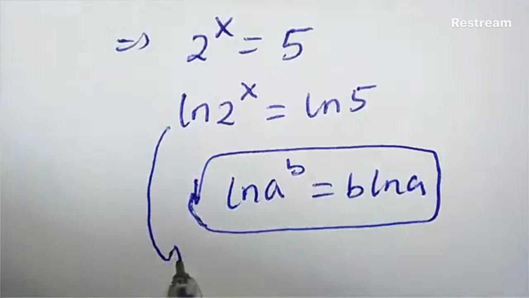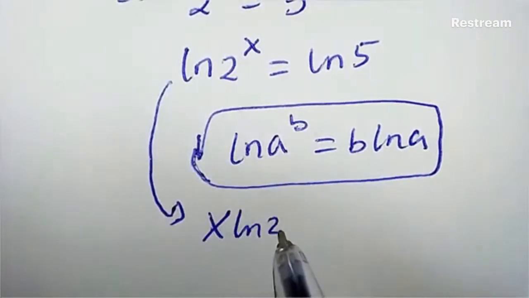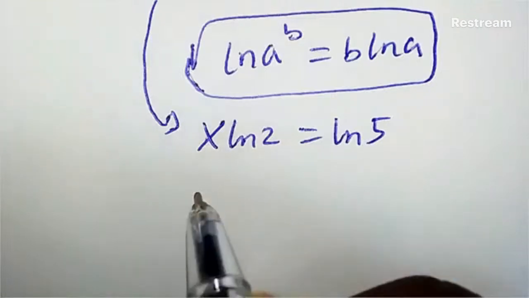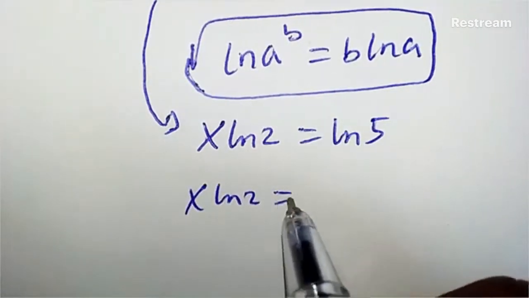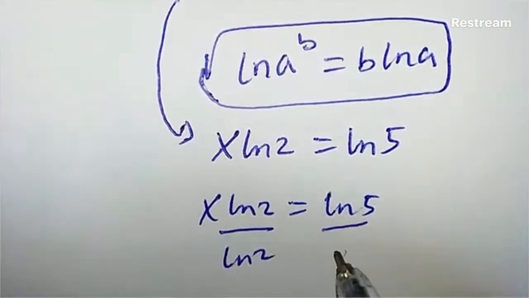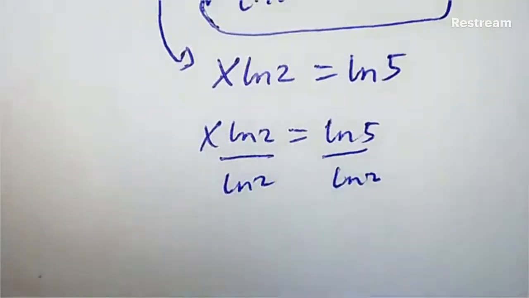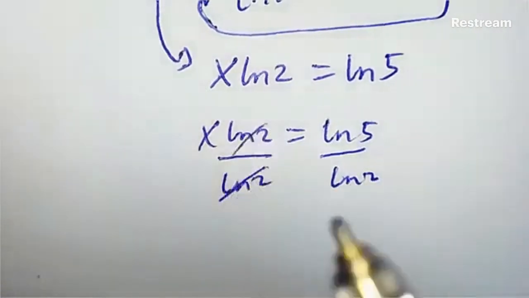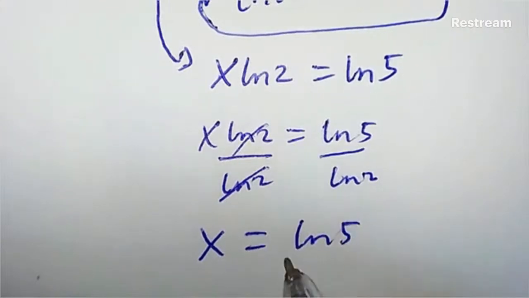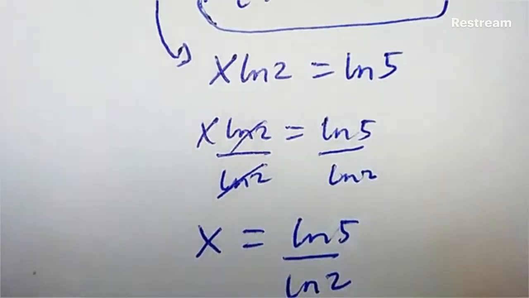So from here, we're going to have x times ln 2 is equal to ln 5. Let's divide both sides by ln 2. Clearly, ln 2 cancels out, so we are left with x is equal to ln 5 over ln 2.